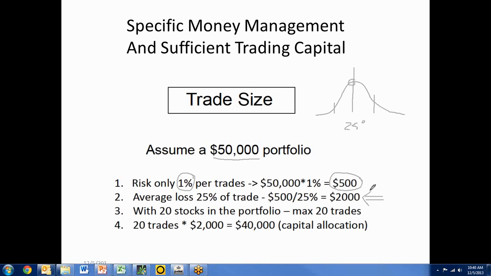So if one contract of an option is $400 and your trade size is 2,000, you know that when you see a signal for an option and you want to buy a put or a call, you can buy 5.